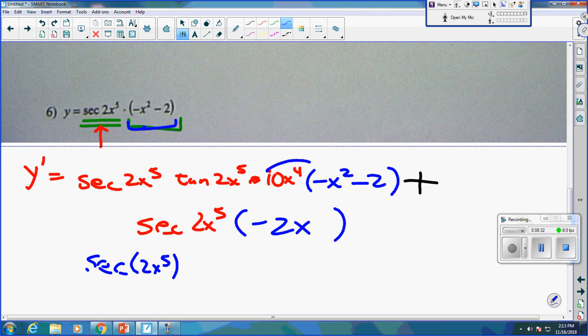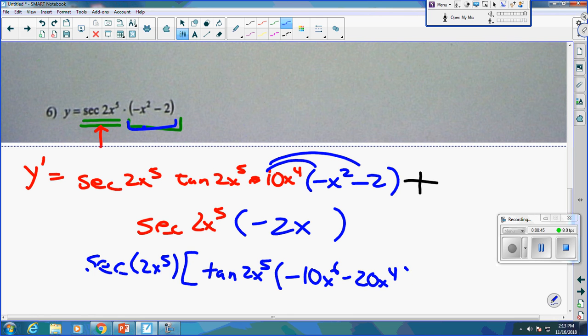They would distribute this. So it would look something like, ugh. No, it's kind of ugly.